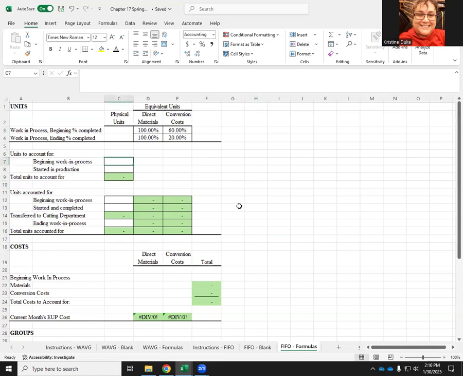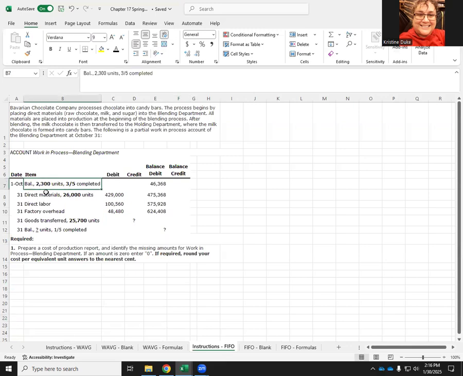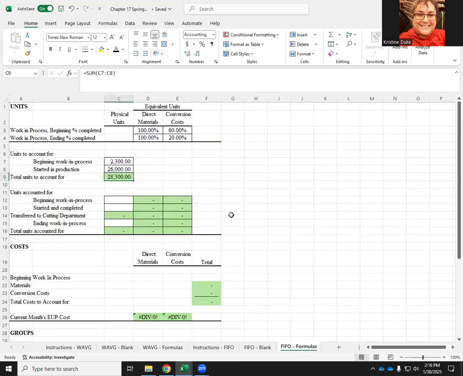Now my beginning work in process from the instructions was 2,300. We added 26,000. Let's go look and see where I got that from. Here's the 2,300 and there's the 26,000. Now the units I need to account for: I need to account for 2,300 units. And I need to figure out how many of this 26,000 I start and complete.